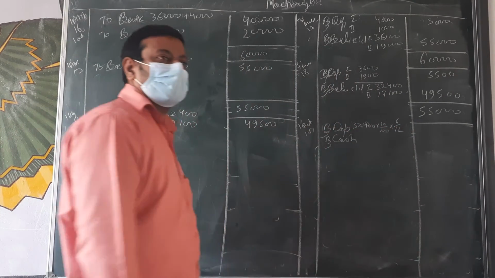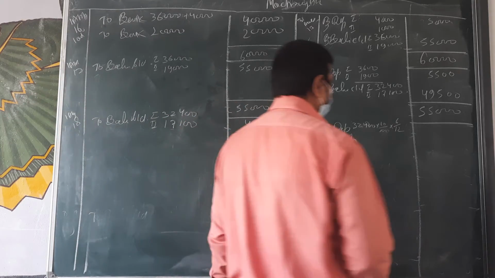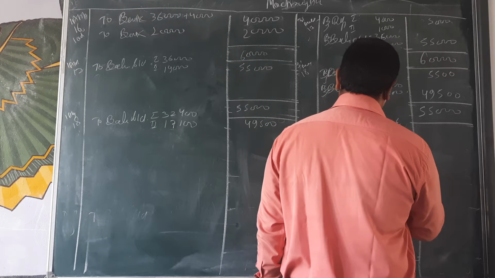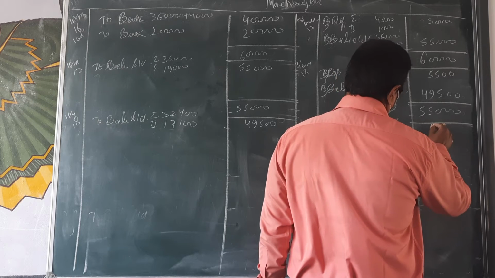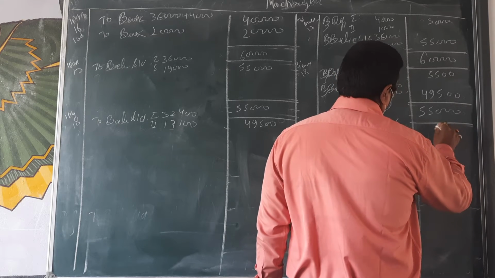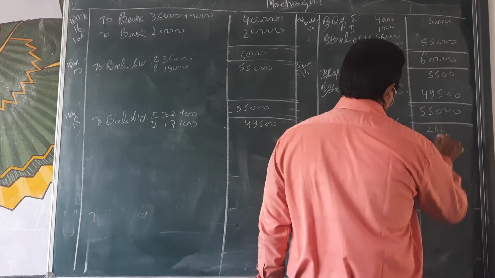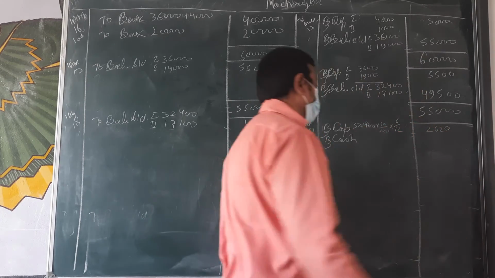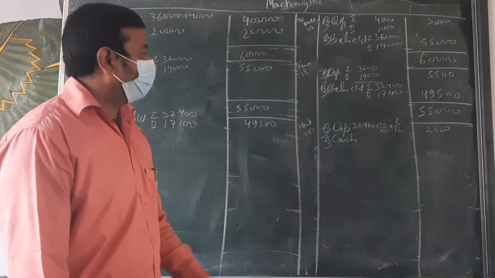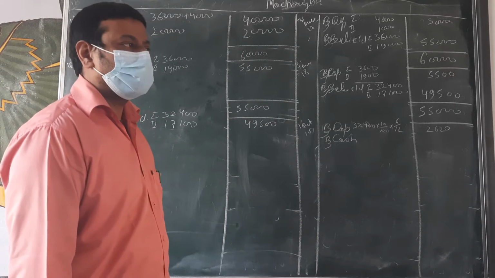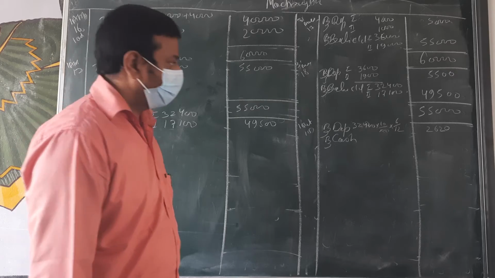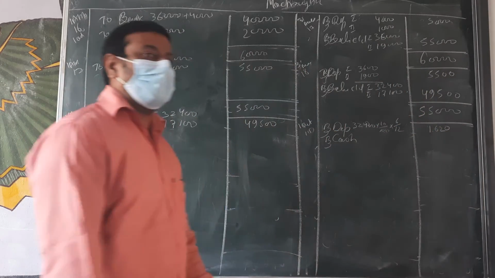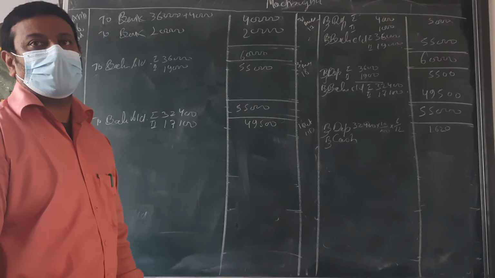What amount is coming? 1,620. And selling amount? 12,000.